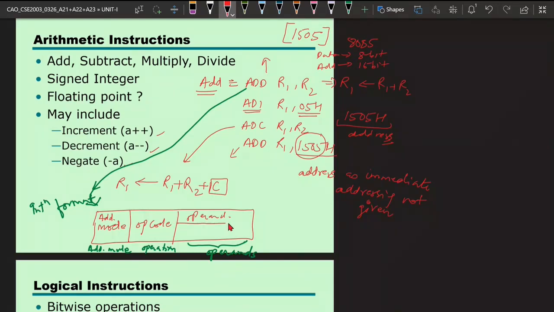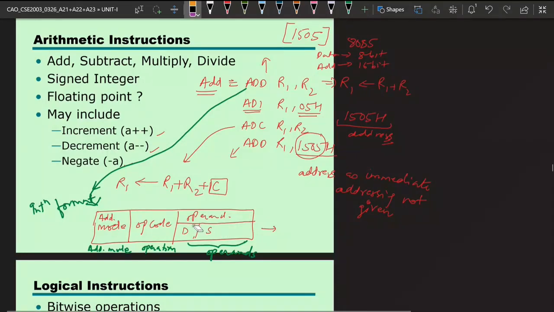In that operand field, there could be three different operands: one is the destination, second is the source, third is also a source. If destination, source and source are given, it is called a three address type of instruction. If only two addresses are given, like R1 and R2, one destination and one source, the operand is divided into two only.